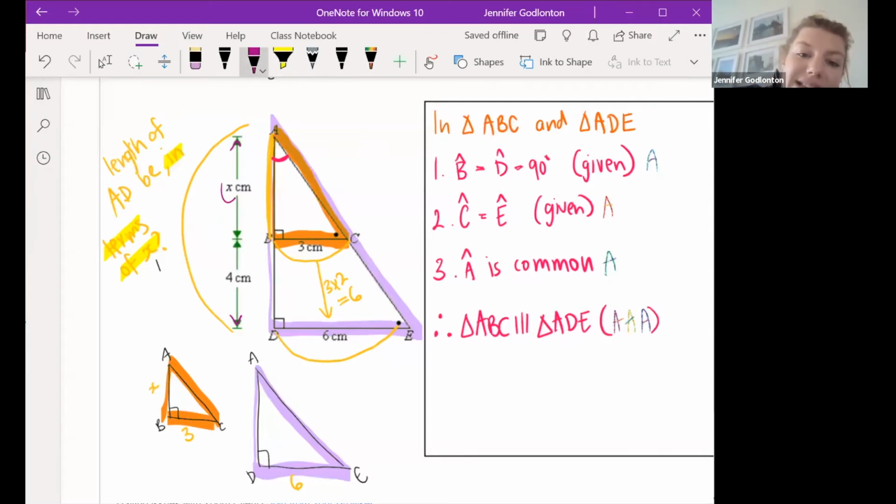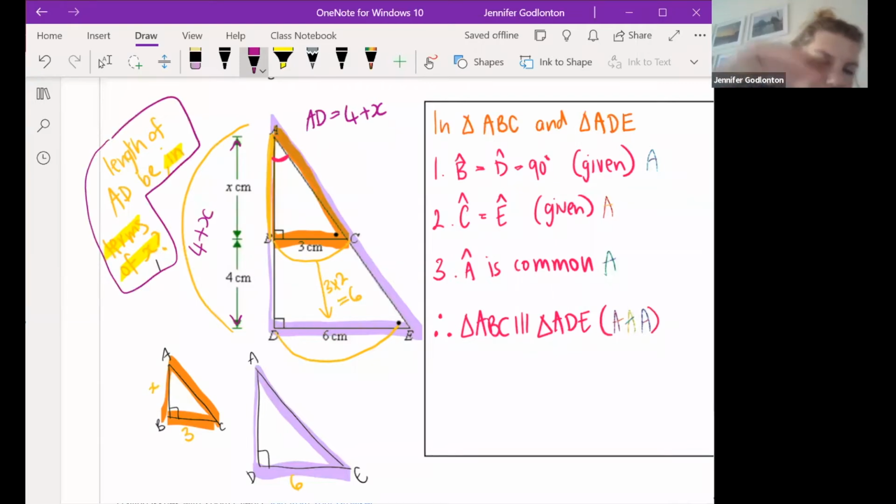So if this is an X and this is a 4, if I'm looking for the distance of AD in terms of X, it's going to be 4 plus X. So that is what AD is equal to. We can say AD is equal to 4 plus X. That is our answer in terms of X. So that is the answer to this yellow question over here.